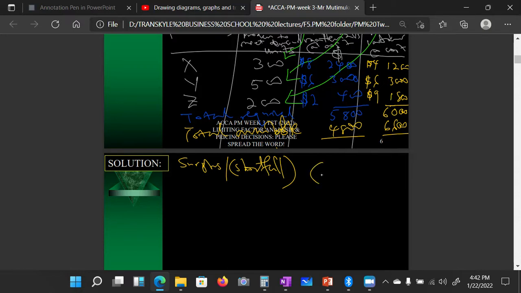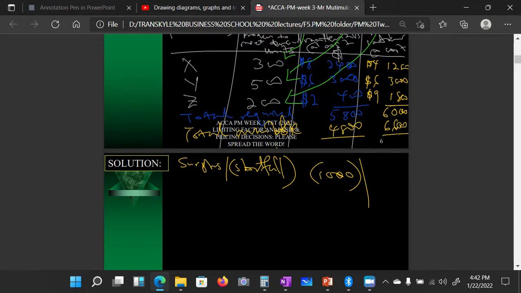Obviously, we are having a shortfall of how much? $1,000. Why? Because we require $5,800, but total available, according to the budget, it's $4,800. So we are having a shortfall of $1,000.